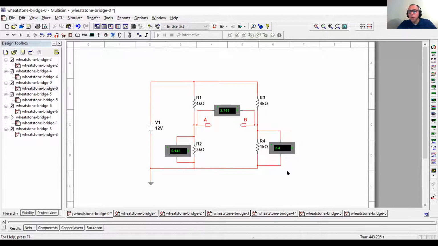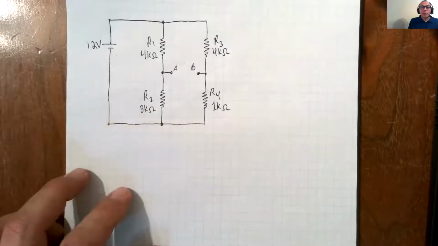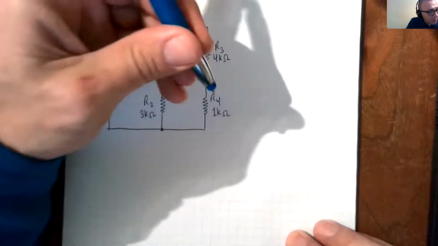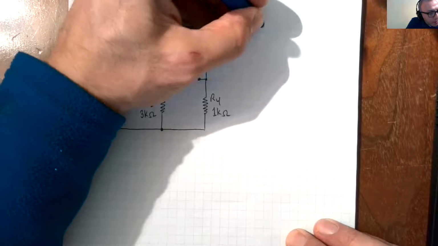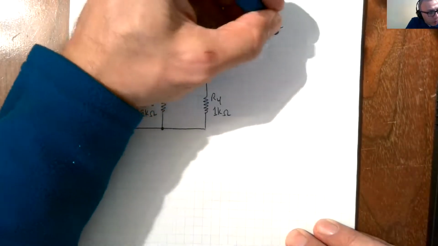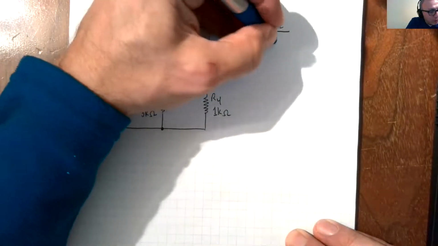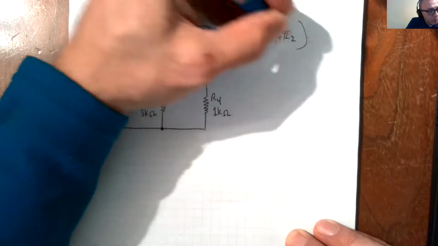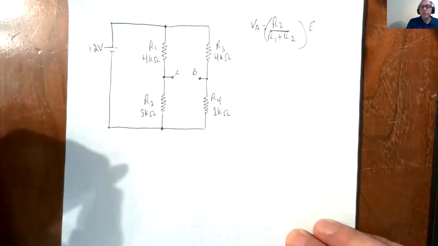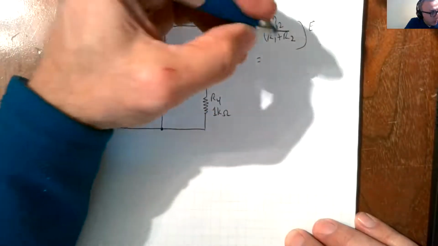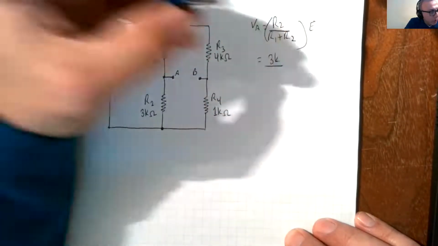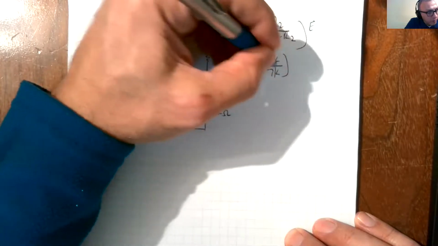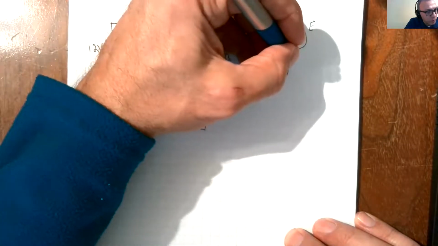All right, so the way we get that is we're going to switch back to our camera. So we have that circuit right here. So VA is equal to R2 over R1 plus R2 times E. And that works out to 3K over 7K times 12.